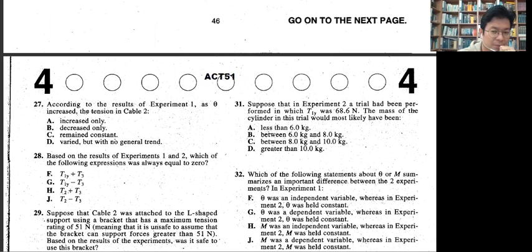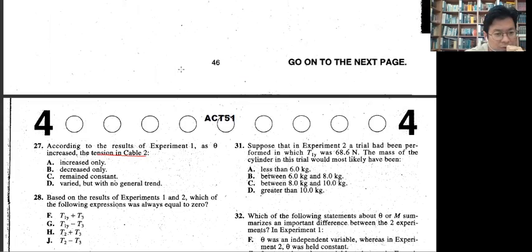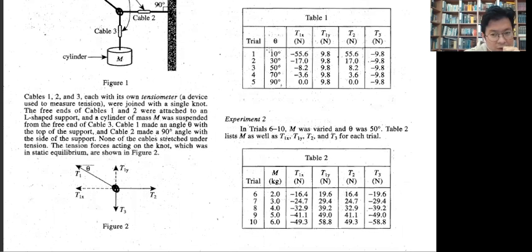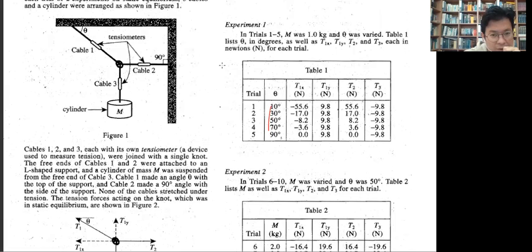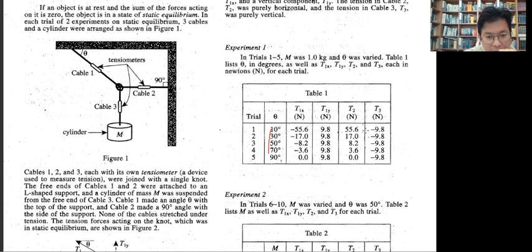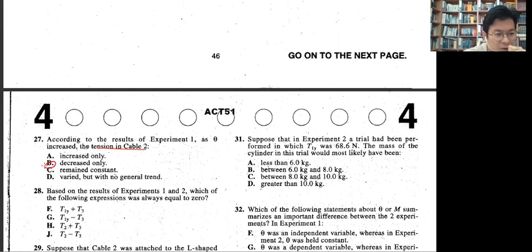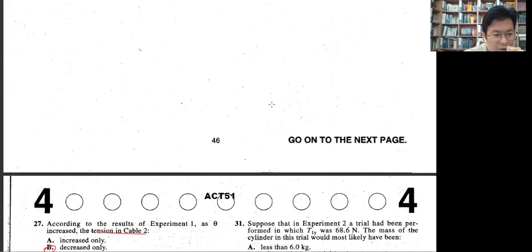According to the results of experiment 1, as theta increased, tension in cable 2 also decreased. This is decreased. And then based on the results of experiments 1 and 2, which of the following expressions is always equal to 0?